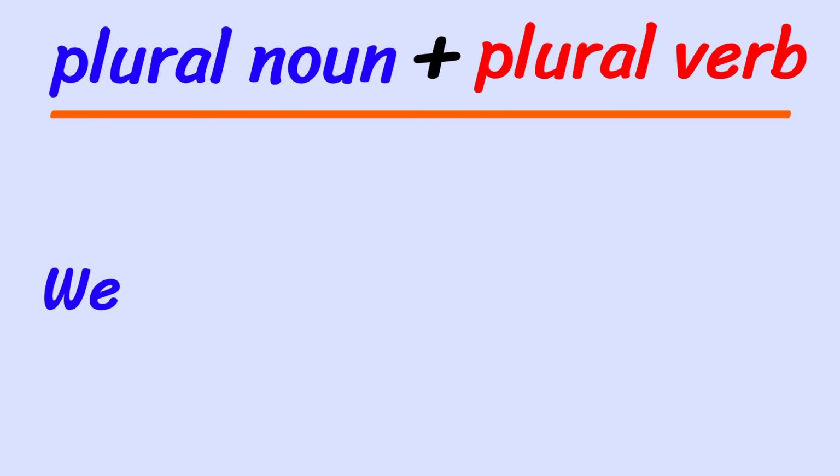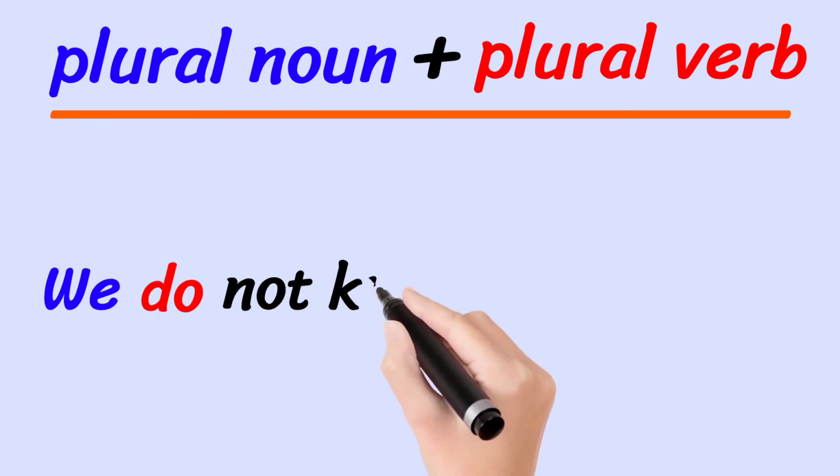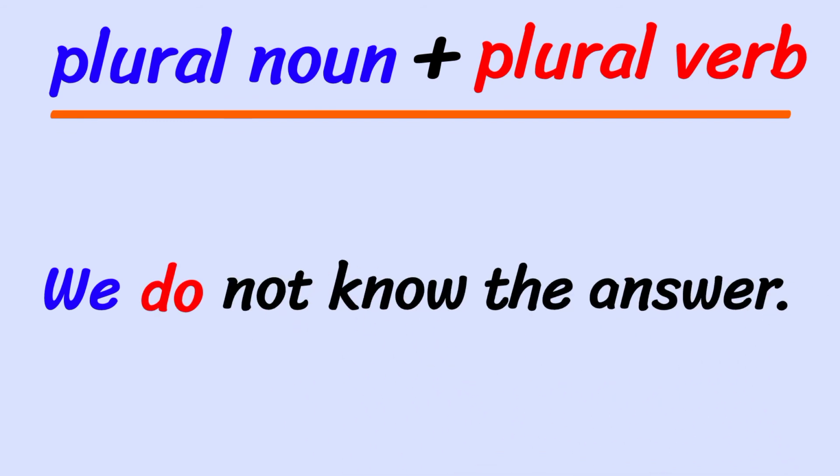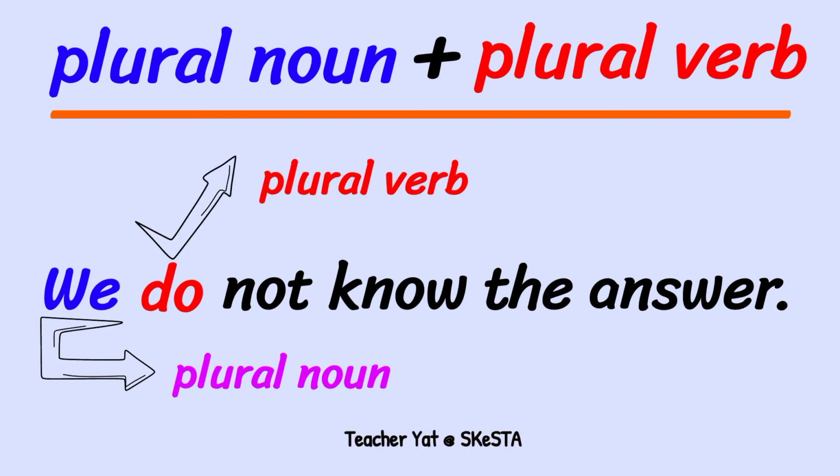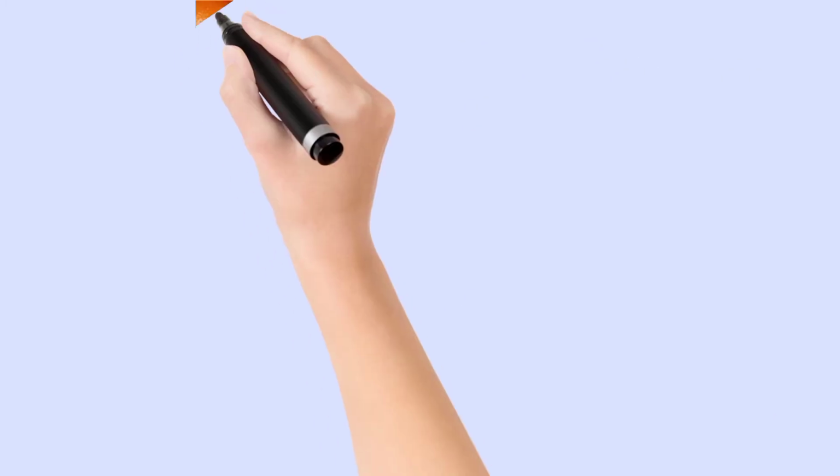Third, read the sentence: We do not know the answer. You must spot the subject first. The subject is we. We is in plural form, kami. So, we need a plural verb, which is do. Now, let's go back to the sentence you saw at the beginning of the video.